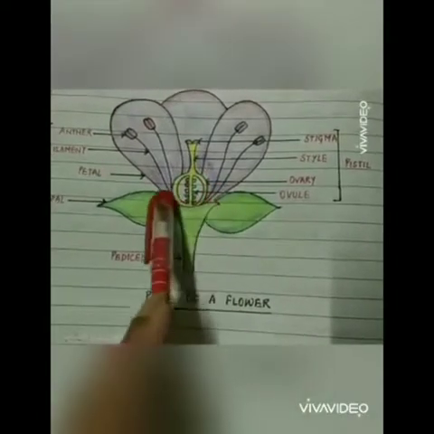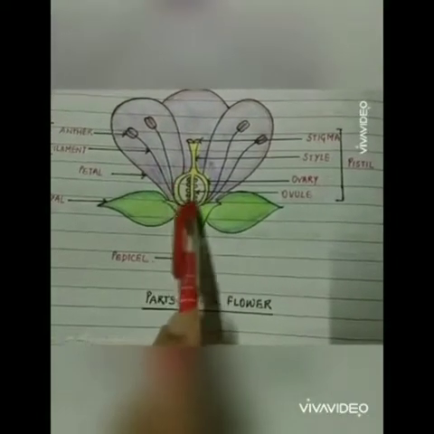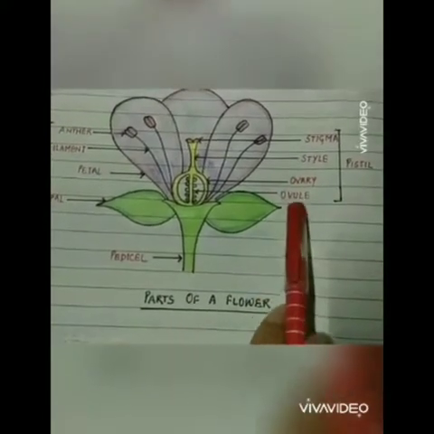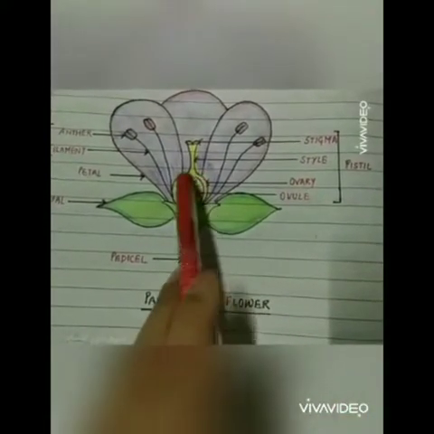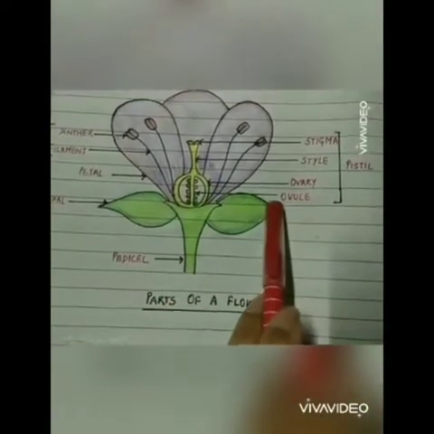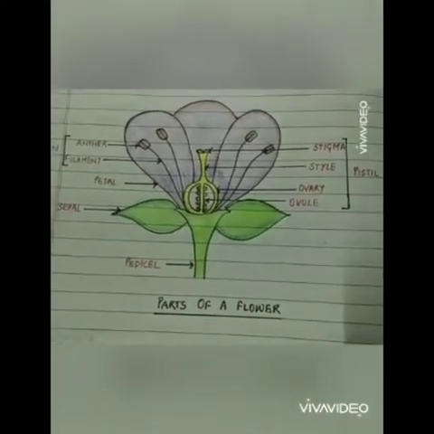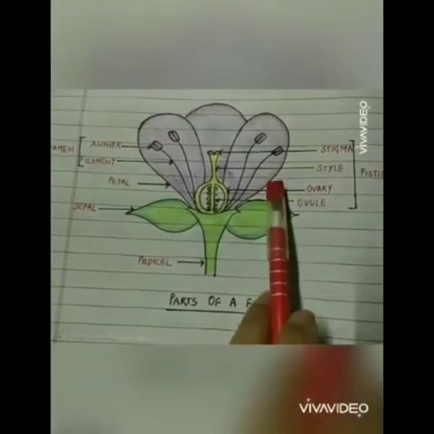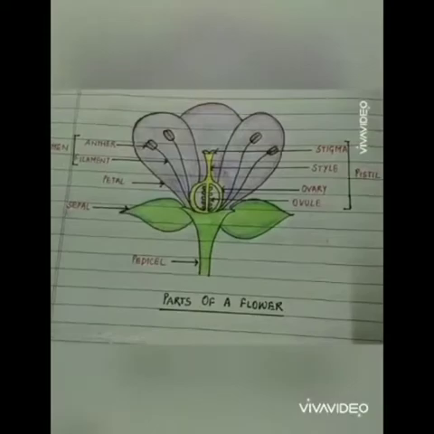The lowest part of pistil, that is the base of pistil, is the ovary that contains one or many eggs. These are known as ovules. So here you can easily understand the flower and its parts.